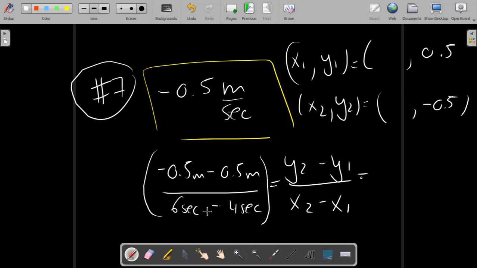Then this was your x2, so 6. And this was your x1. You put a minus here, so the x1 is actually the 4. Look in the graph, those are the 2 points that they're using, and when you do the math with those 2 points, that's where that minus 0.5 meters per second came from.